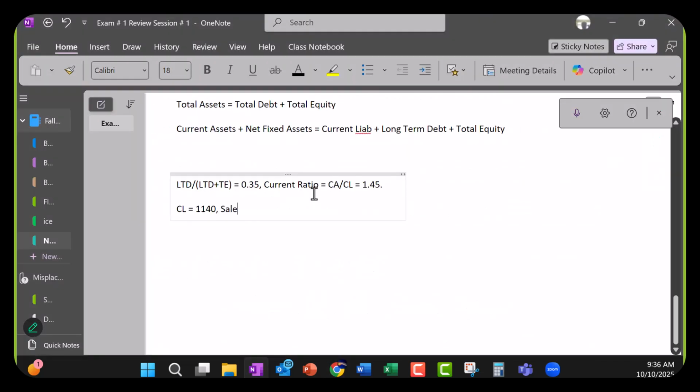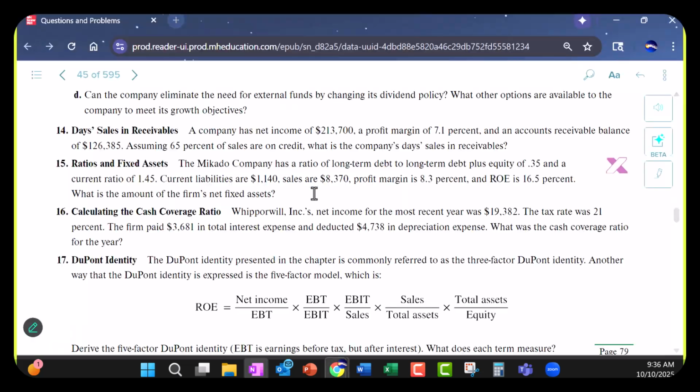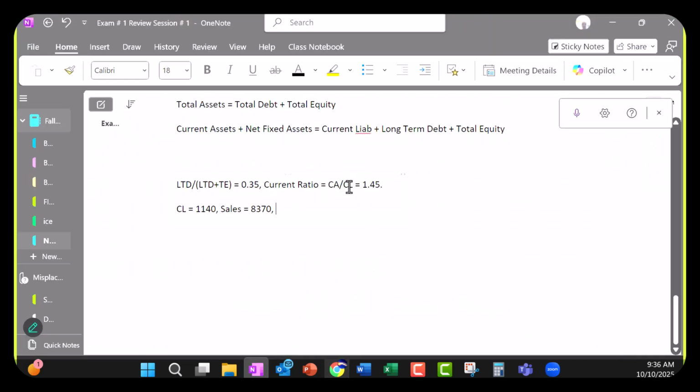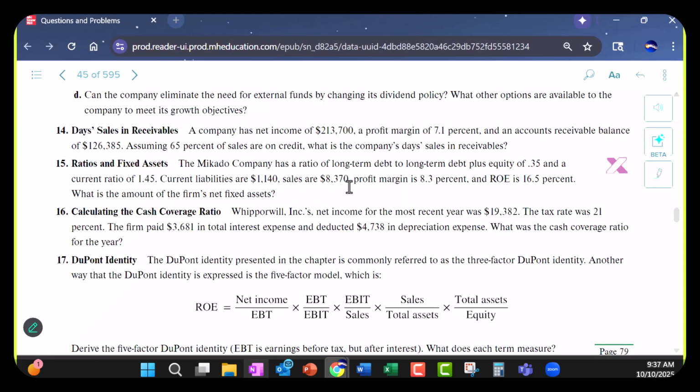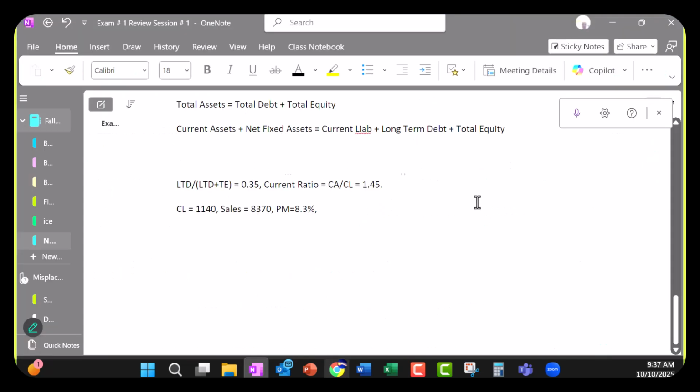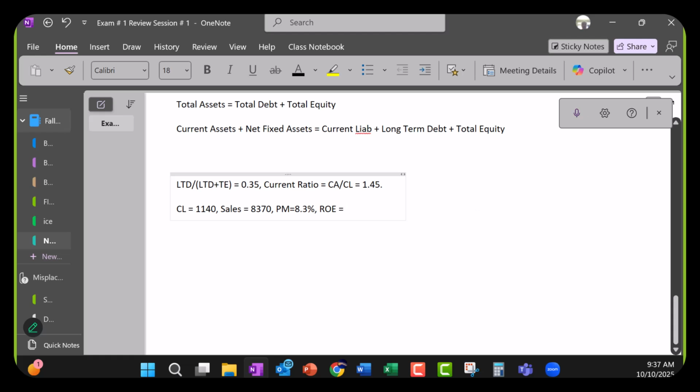Sales are 8370. PM equals 8.3%. ROE is 16 and a half. And we're looking for net fixed assets.